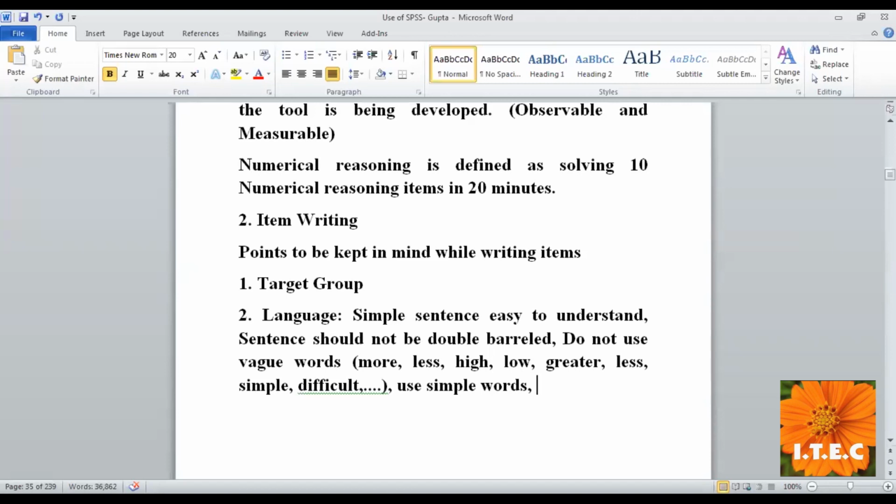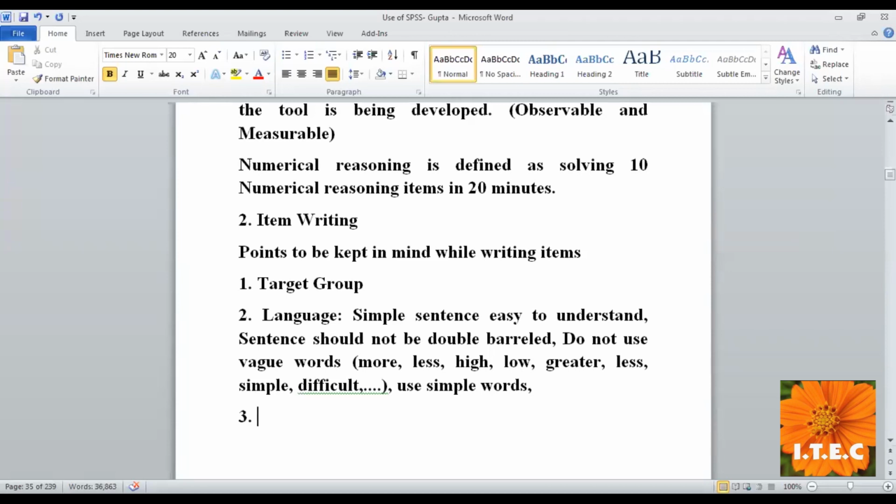And if it is not, then you cannot. So that's about your language. So simple sentence and all that, that's fine.